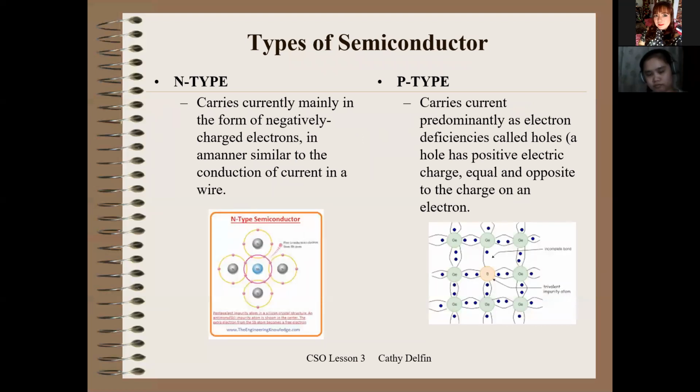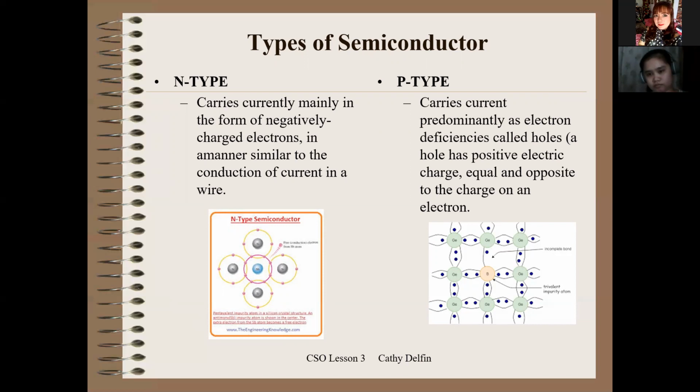And we have two types of semiconductor. Actually, maybe not only two, there are many types of semiconductor. Number one is N-type. N-type carries current mainly in the form of negatively charged electrons, in a manner similar to the conduction of current in a wire. So N-type is like the wire flowing in our microprocessor.